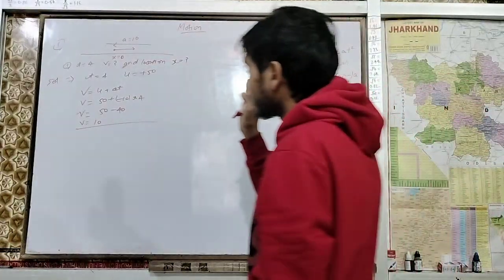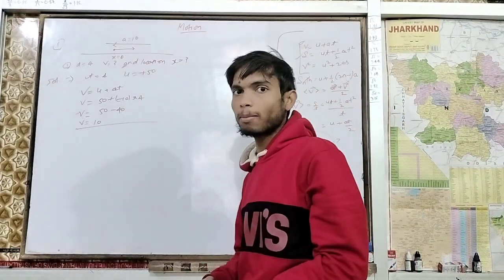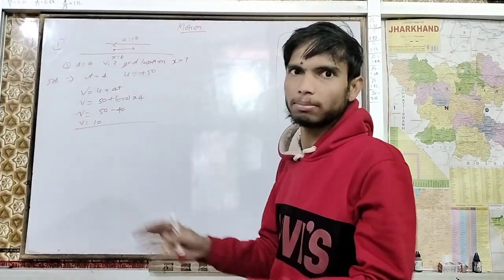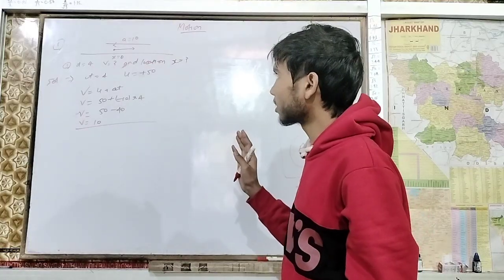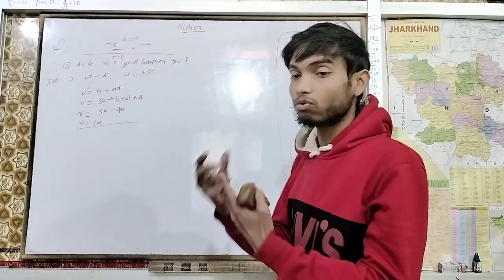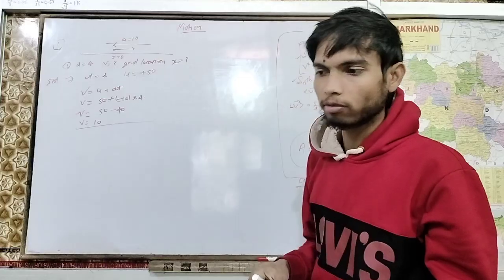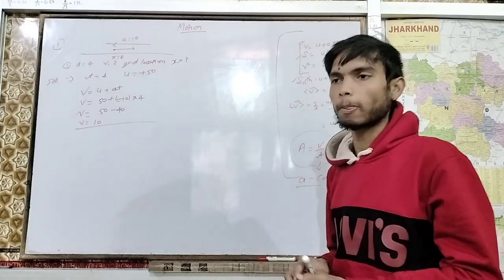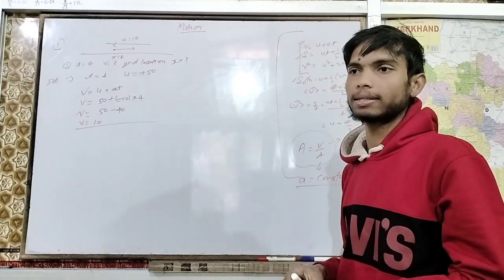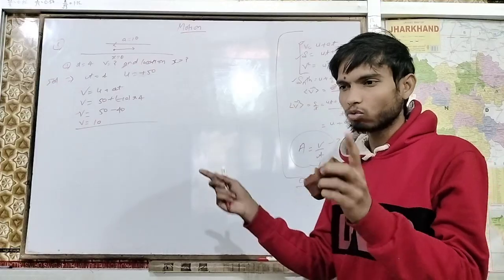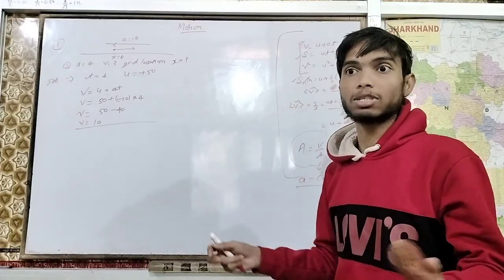A particle is moving with acceleration of minus 10 meter per second squared, its initial position is at 50, and final is at 10. In that case, what would be the displacement, where time is 4?